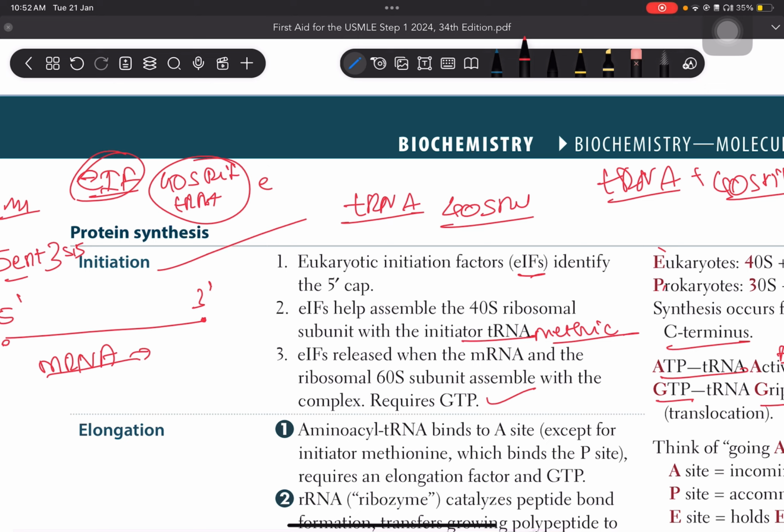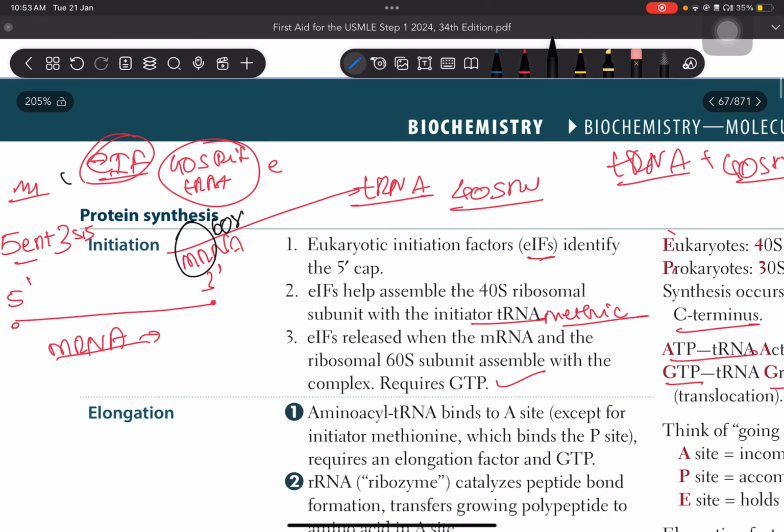The mRNA comes to this place and you have your 60S ribosome. Once this 60S ribosome subunit attaches to the mRNA, all these initiation factors will get out from this site. Once this is done, you have mRNA along with your 40S subunit with tRNA and with the 60S subunit.